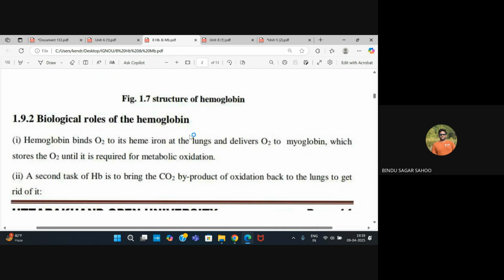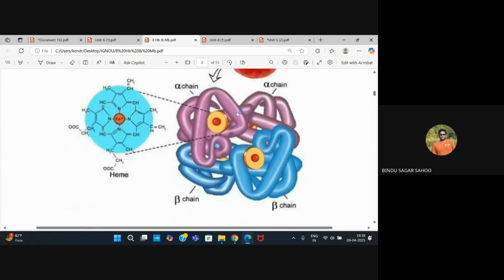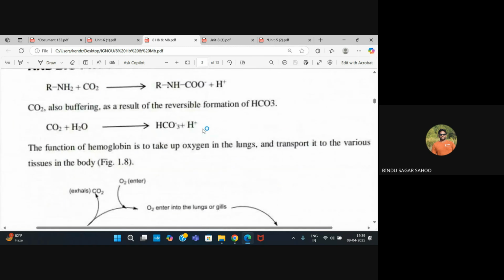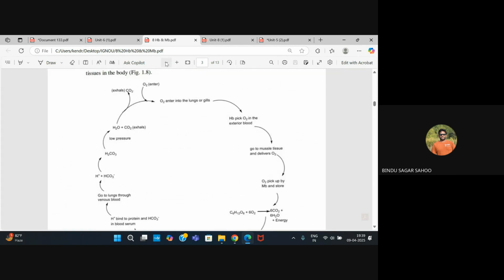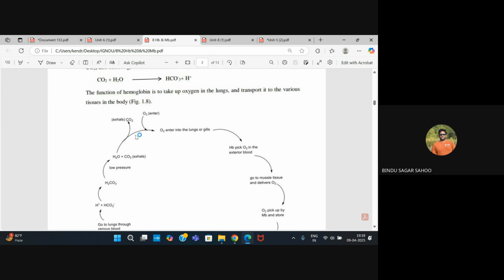Okay. So before going to more discussion on hemoglobin, we know a little bit about its structure. What is the role of hemoglobin in our human body's biological processes? We can read this circle. In the starting, we can say the oxygen enters into our body through the lungs or gills. When you take oxygen through the nose, it enters our lungs or gills.